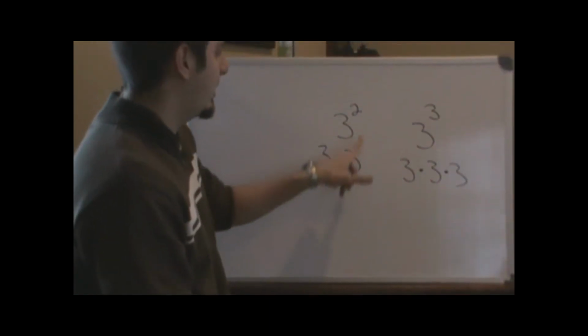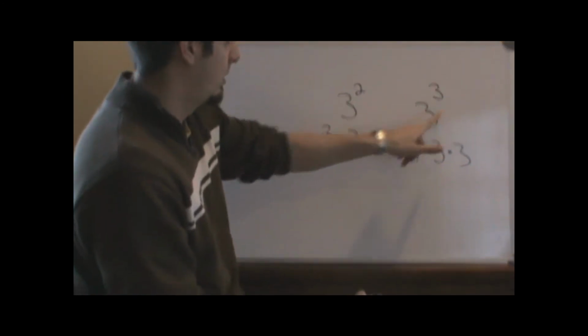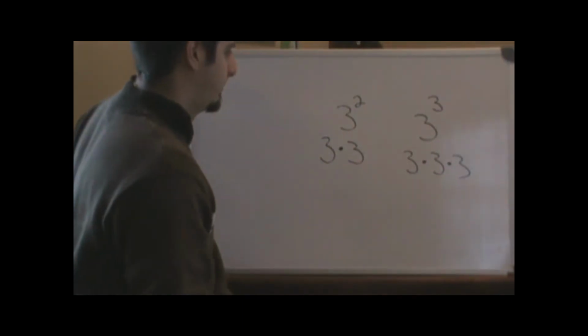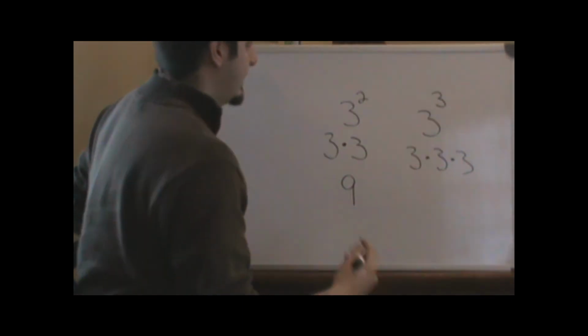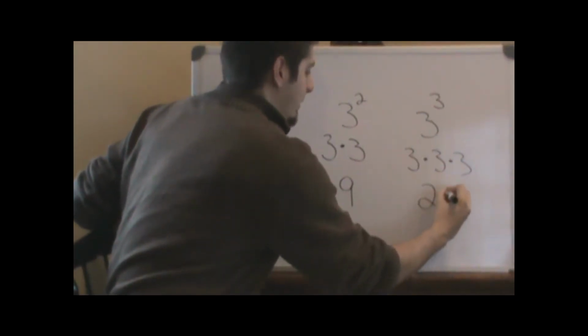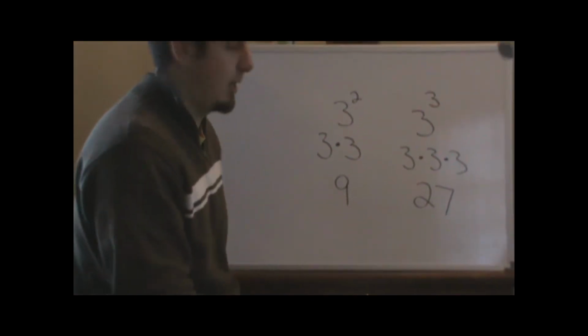So if you take a look, as the exponent increased by 1, we added another times 3. Or another way to look at it is, as your exponents increase by 1, your answers increase by times 3.